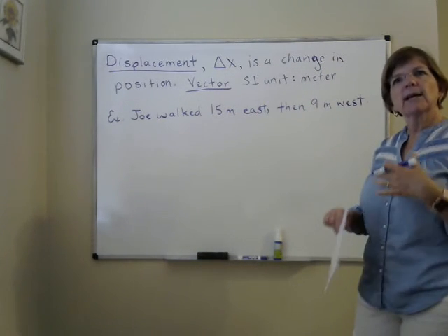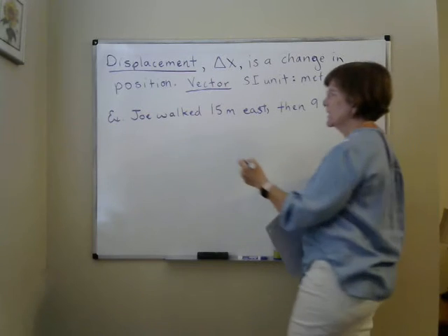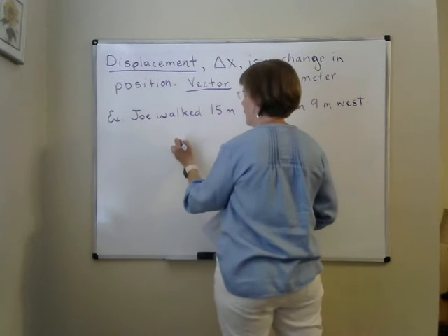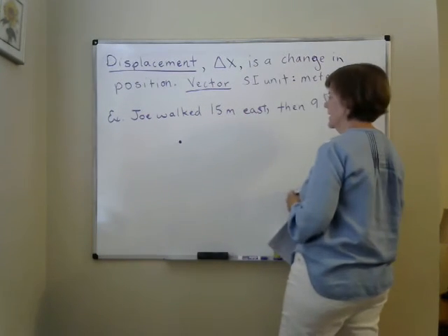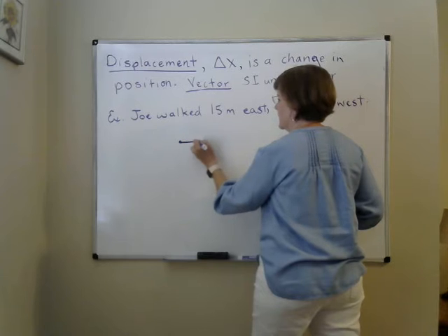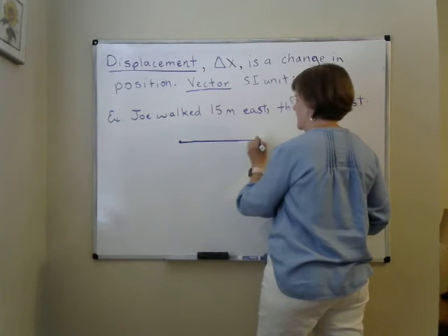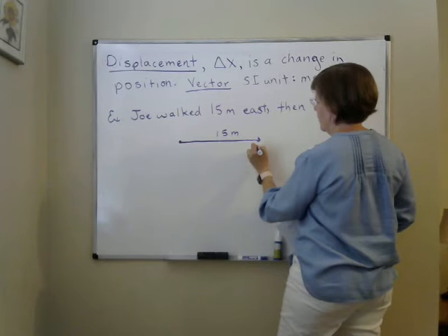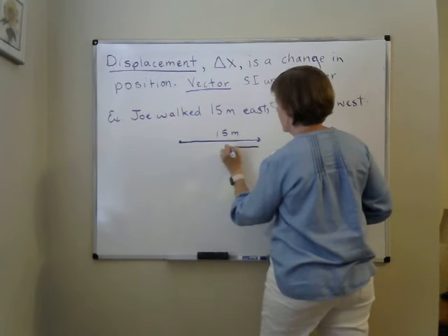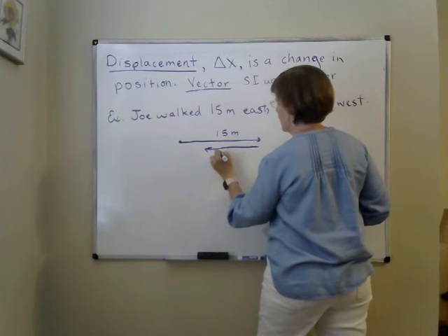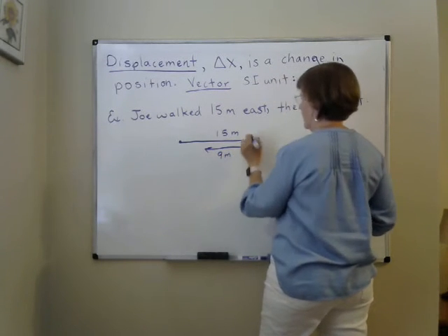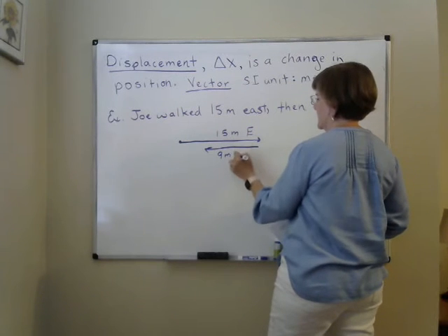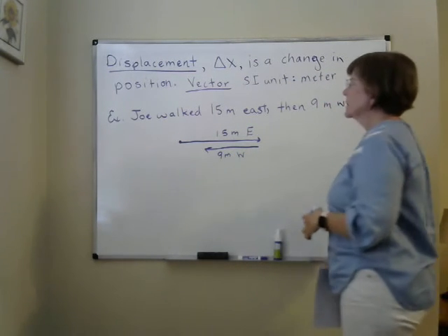It's really helpful to visualize. So let's suppose that he's starting right here. There's his beginning point. Joe walked 15 meters east, and then he turned around and he walked 9 meters to the west. That was east, this was west.